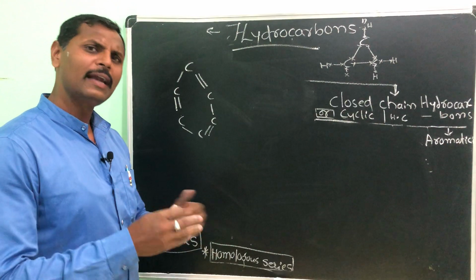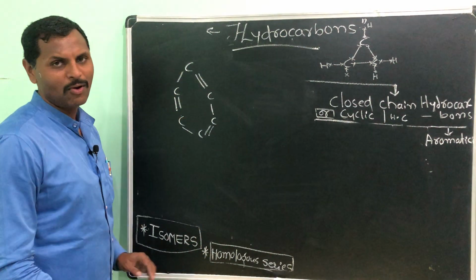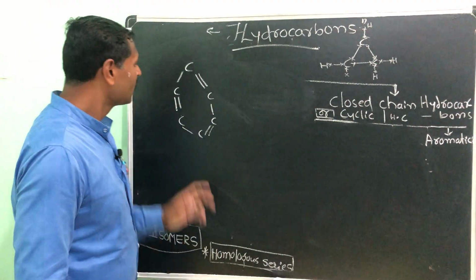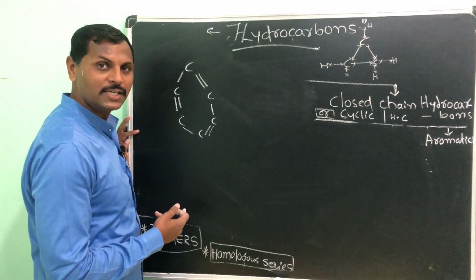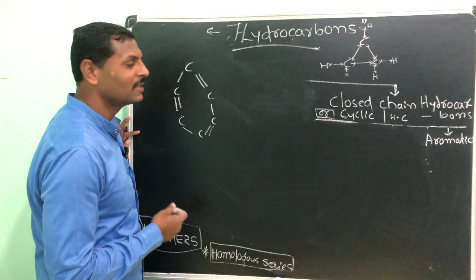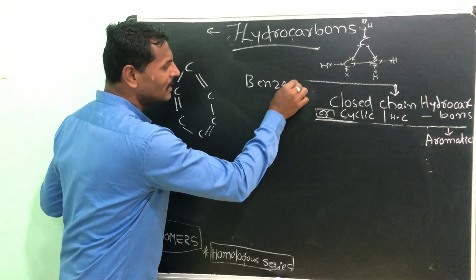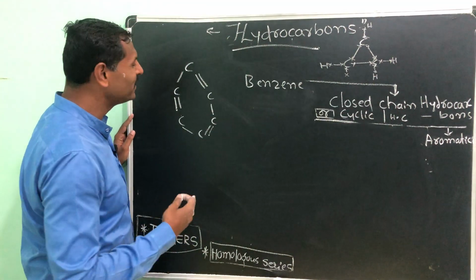There will be alternate single and double bonds. That's why we call them aromatic hydrocarbons. In the aromatic hydrocarbons, the first member is benzene. Sounds very sweet, no? Yes, it is a sweet one only.